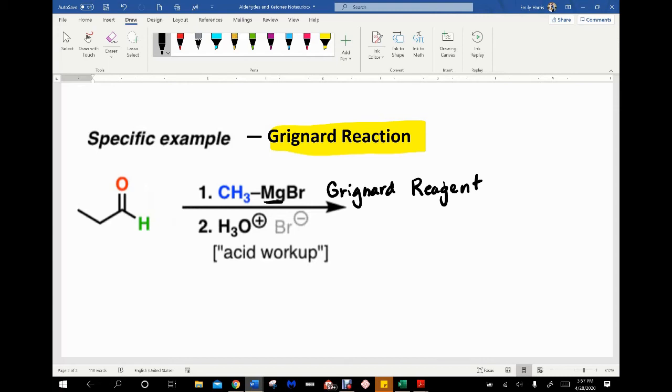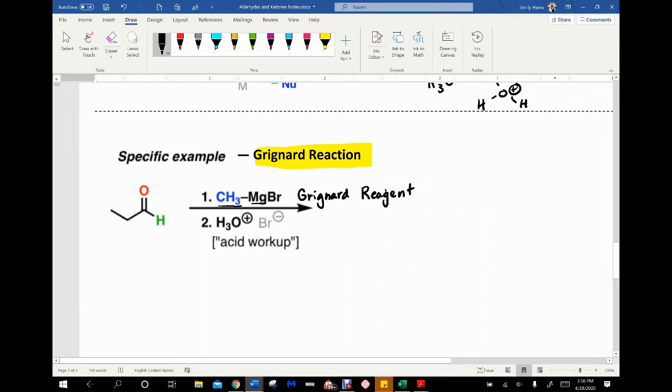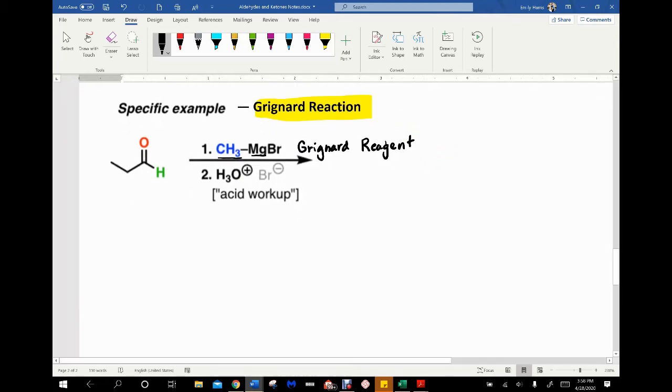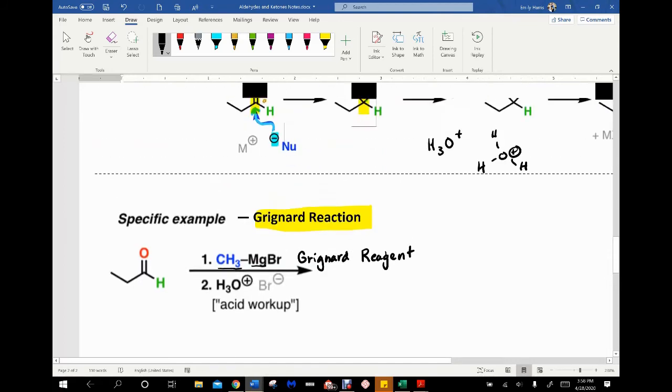Now metals are very good at donating their electrons, which is why they often take on a positive charge as ions. And so the fact that this CH3 is connected to a metal gives that CH3 seemingly more electron density, and that's going to make it a better nucleophile. All right, and so that's what's really neat about Grignard reagents: they turn just plain old CHs into nice nucleophiles.